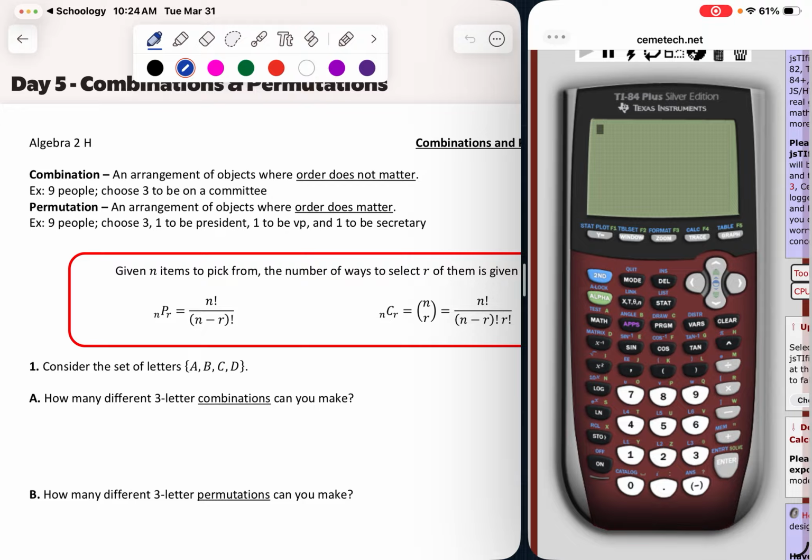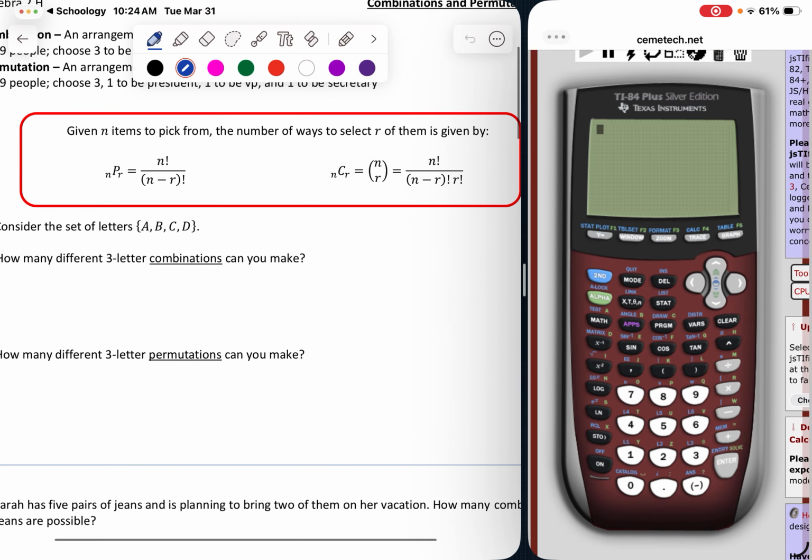For a permutation, though, if I chose Sally to be president and Bobby to be vice president and Carl to be secretary, versus Carl to be president and Sally to be VP and the other guy to be secretary, that's a permutation. Okay, so when the order does matter, that is permutation, and when it doesn't matter, that's combination.